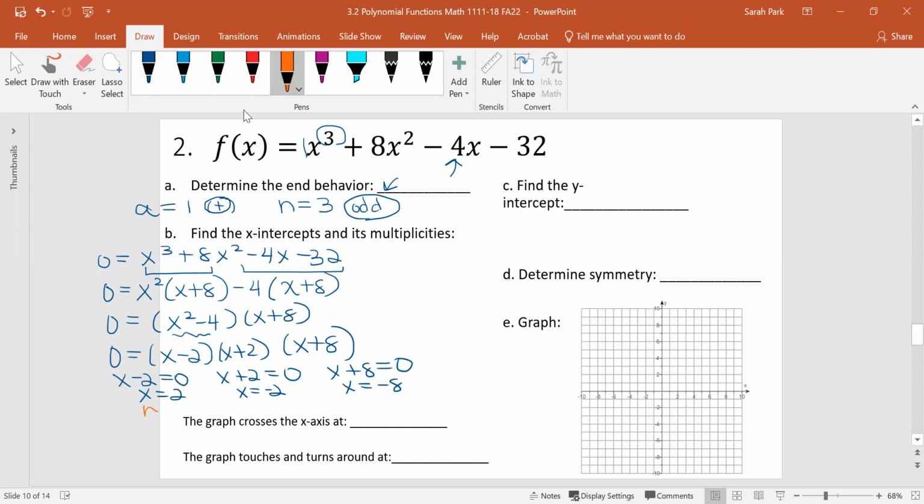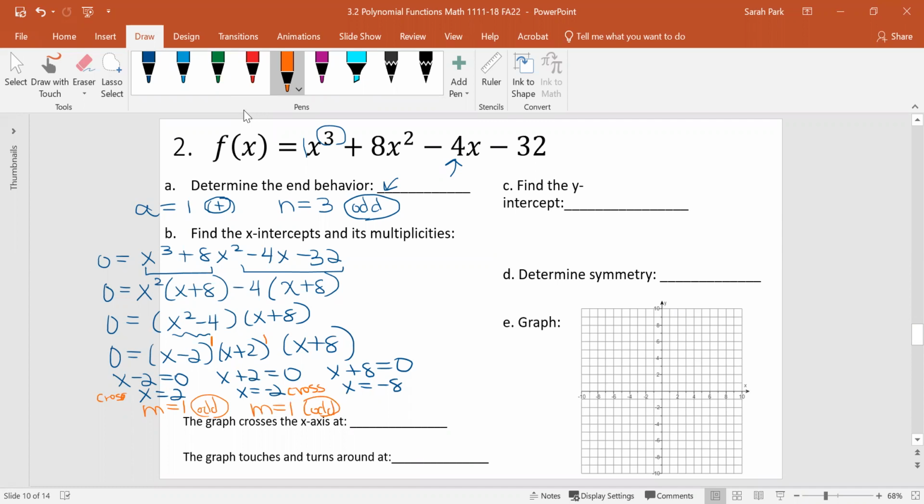Now the multiplicity is 1 because the exponent of x minus 2 is 1, and that's odd. So we know at 2, it's going to cross. Now x equals negative 2, again, the multiplicity of that factor is 1, so it's odd again. So it's going to cross at negative 2.